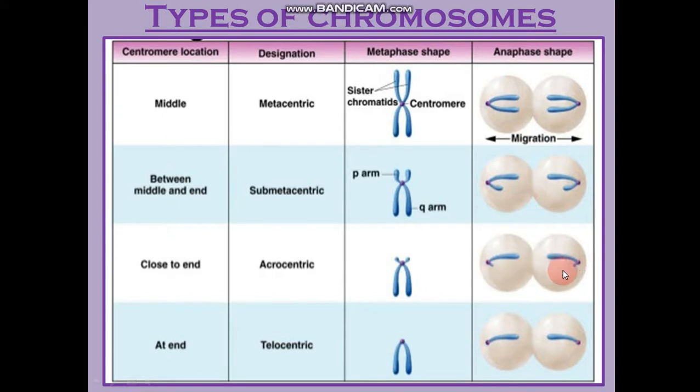These are also important points, all four you need to understand. The last one is telocentric, when the centromere is located at the extreme end, so that when they move towards the opposite pole they show the shape of an I, small or capital I. So these are the four types of chromosomes: metacentric, submetacentric, acrocentric, and telocentric.